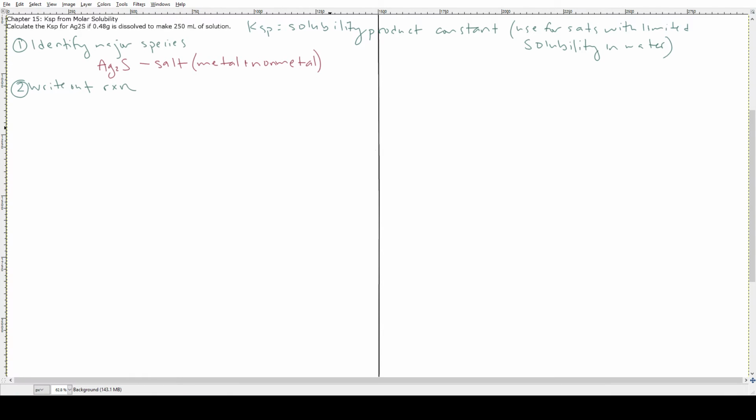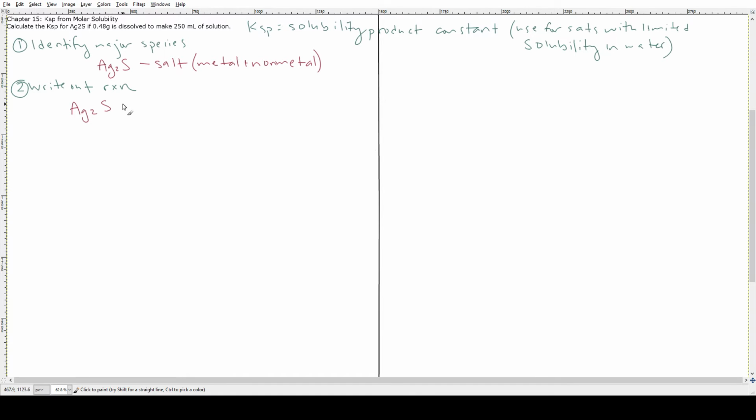When you are dealing with a salt, it is good to start off with splitting it up into its pieces. Now we have to figure out, are we going to use a double arrow or a single-sided arrow? In the last two videos, since they were salts, we just used a single-sided arrow. However, we know this is not soluble, or at least very, very insoluble. It's maybe a tiny amount soluble.